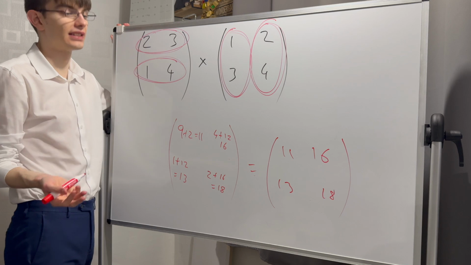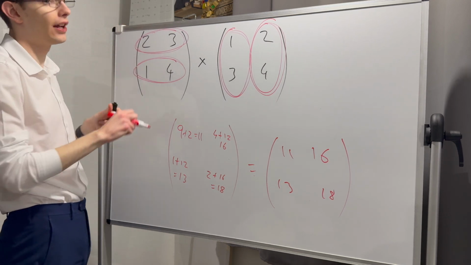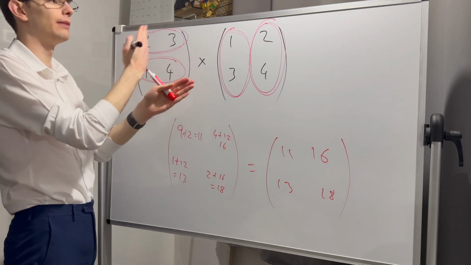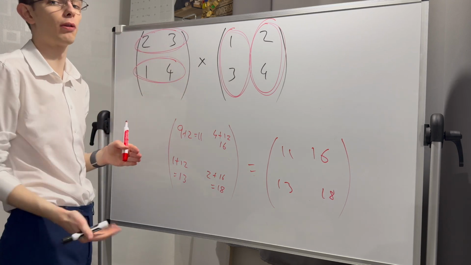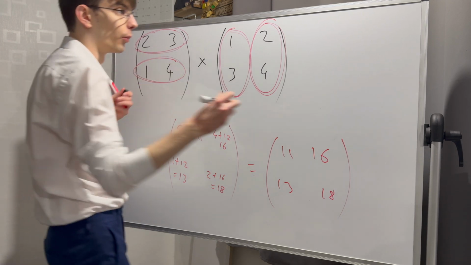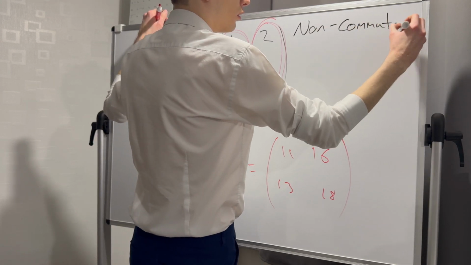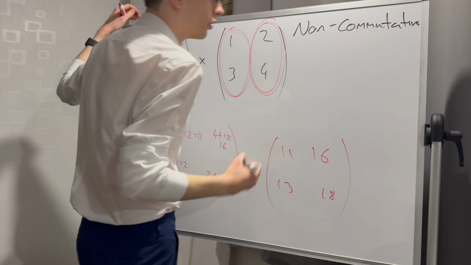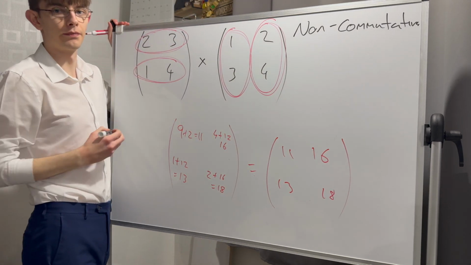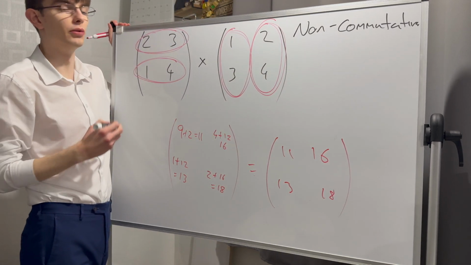Yeah, if you couldn't sense the sarcasm, you cannot simply switch the order of a matrix and expect it to still multiply properly. It is what we call non-commutative.